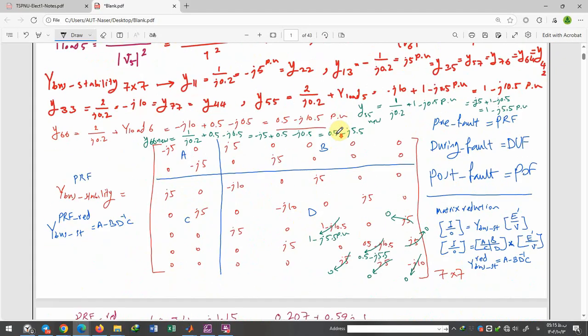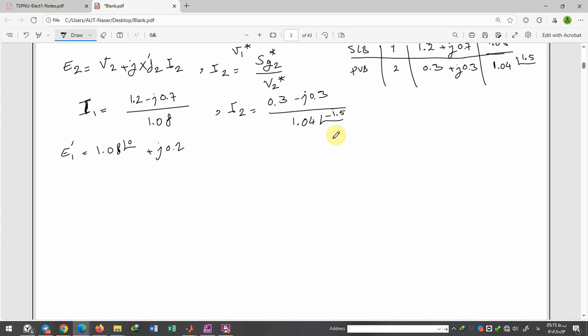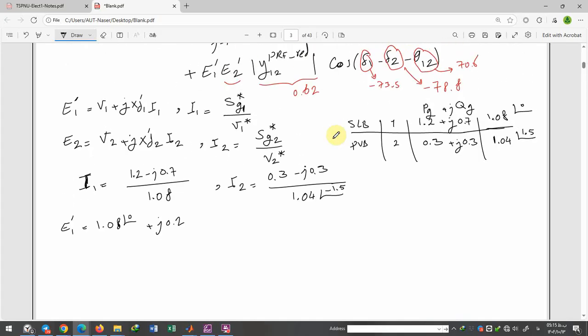And after that, multiplied by I1, 1.2 minus j0.7 over 1.08.